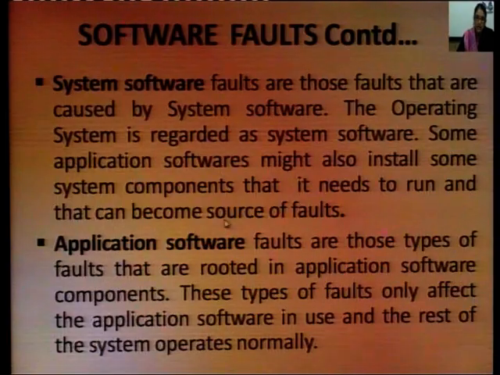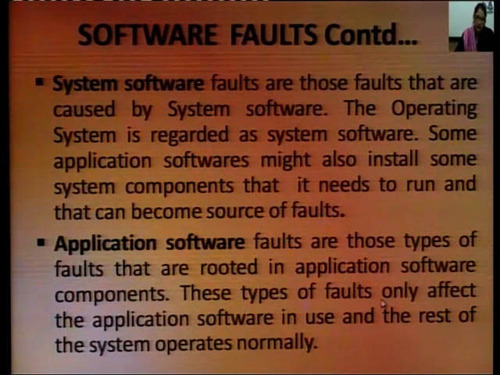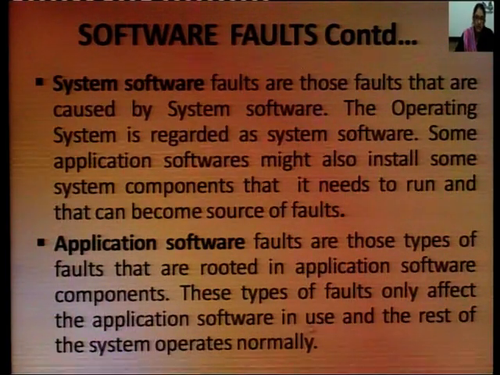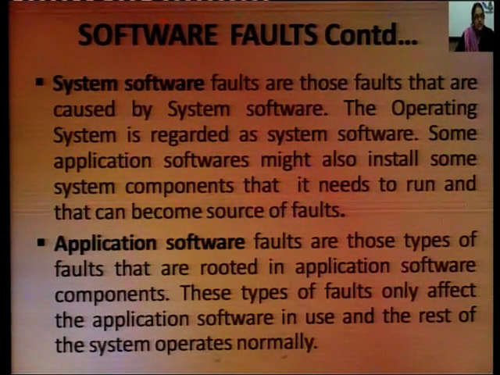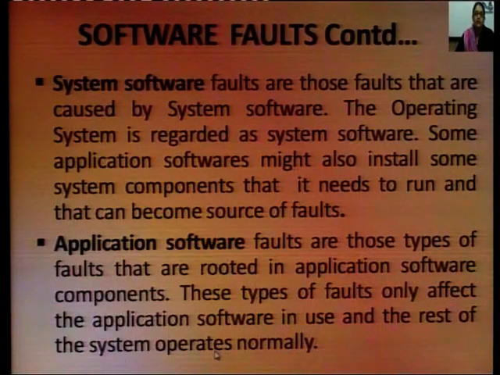What are application software faults? These are the types of faults that are rooted in the application software components of the system, and these types of faults only affect the application software in use, while the rest of the system operates normally.